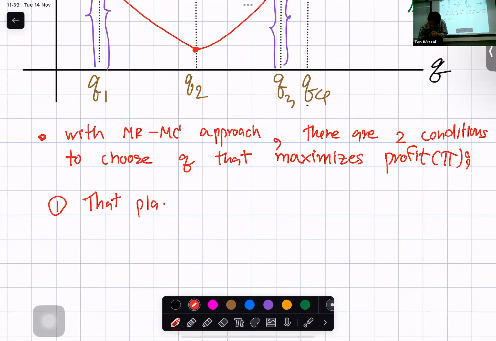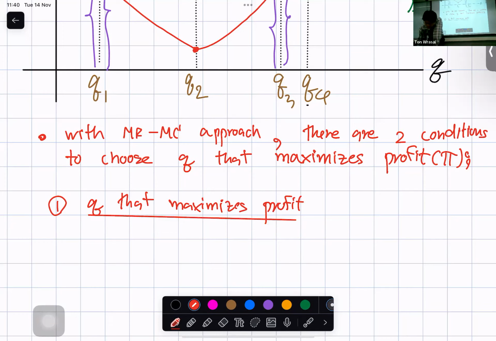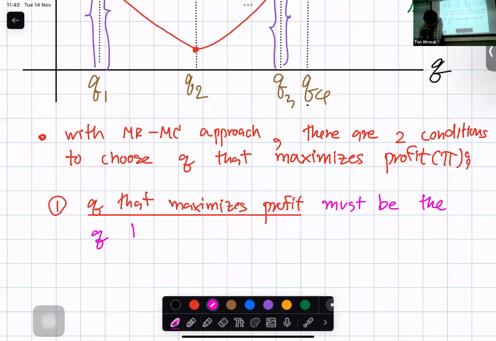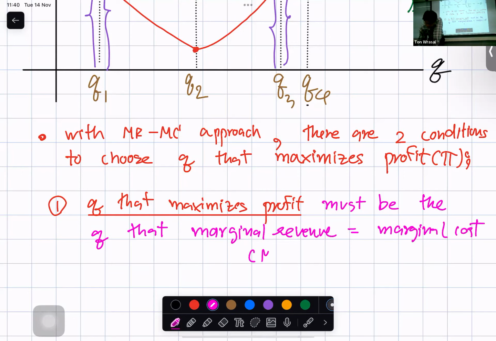That place means the Q that maximizes profit.